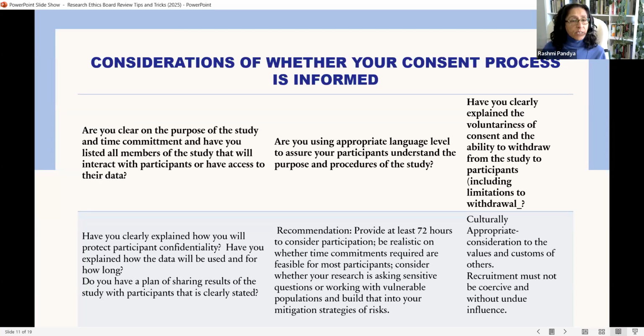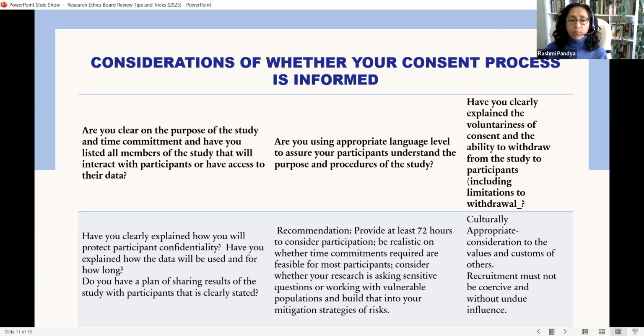Have you clearly explained how you'll protect the participants' confidentiality? Have you explained how the data will be used and for how long? Do you have a plan of sharing the results of the study with participants that's clearly stated? And this is a big one. You really should do that if you are asking participants to take their time to participate in a study.